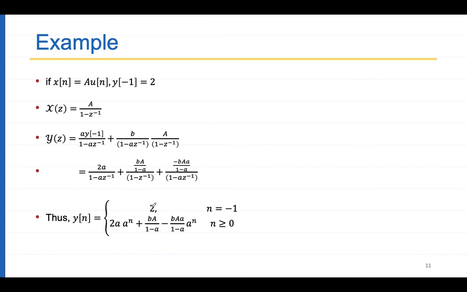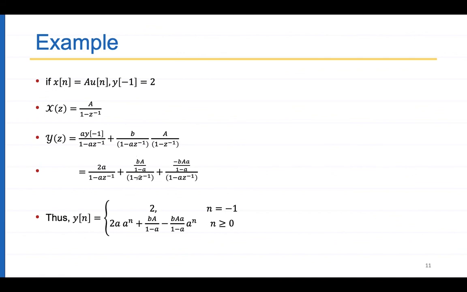And thus, my y[n] is simply the inverse Z transform of this part. For n equal to minus 1, it is 2. But for n greater than or equal to 0, this formulation can be used, which is 2a, and this part, the inverse Z transform, is a to the power n u[n].